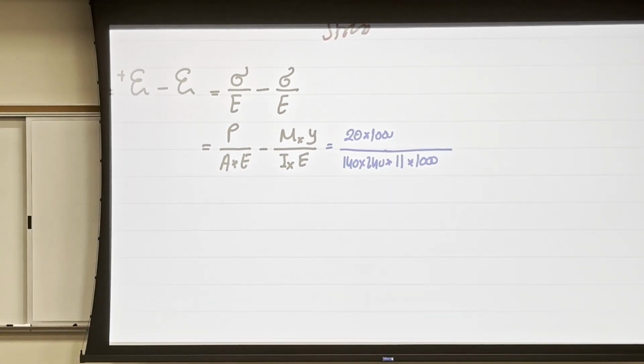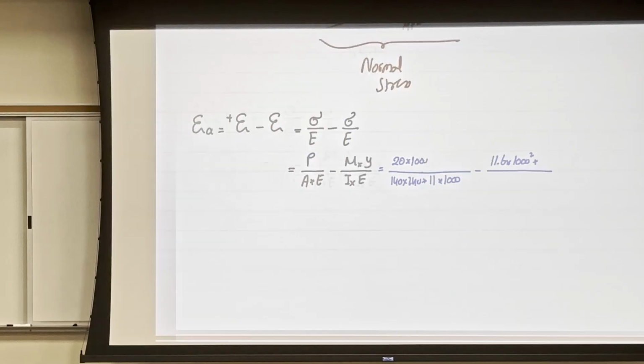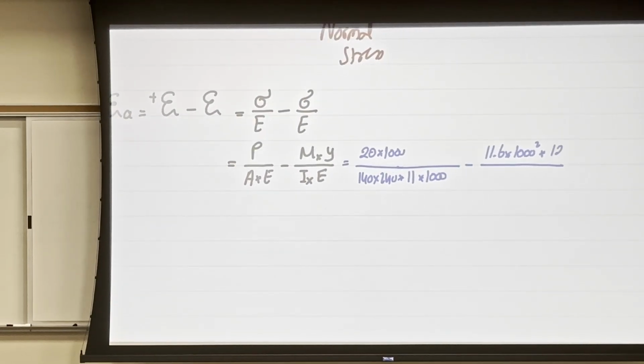Minus the moment was 11.6, I'll multiply by 1,000 squared. Y, and Y here is 120 because that's the distance from the centroid to point A, and then Ix, which is 140 times 240 cubed over 12, times E, which is 11 times 1000.